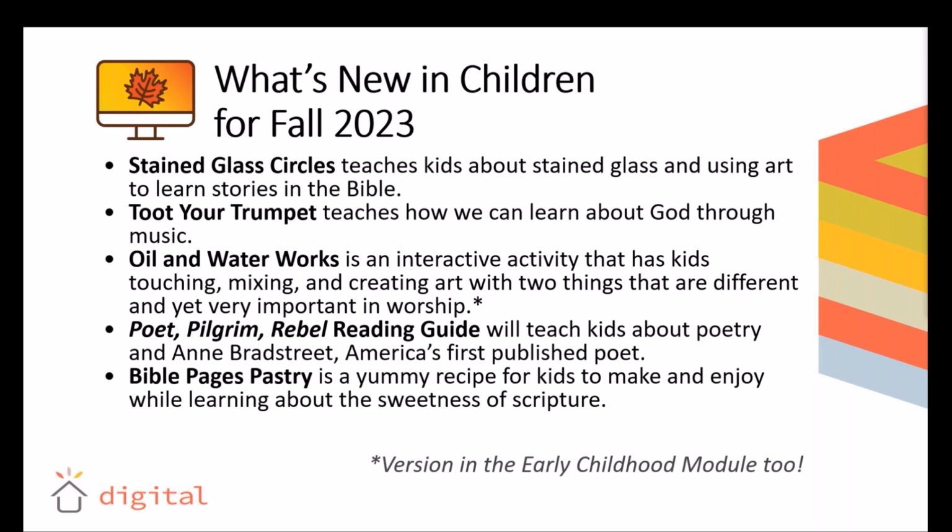I wasn't sure what this was, so I went onto YouTube and said, what is this oil and water stuff? And I'm like, oh, wow, this is really beautiful stuff. There are established artists who are using this technique. I mentioned the Poet, Pilgrim, Rebel reading guide, and a Bible Pages pastry. We've got one of our developers who always likes giving us something yummy for kids to interact with.